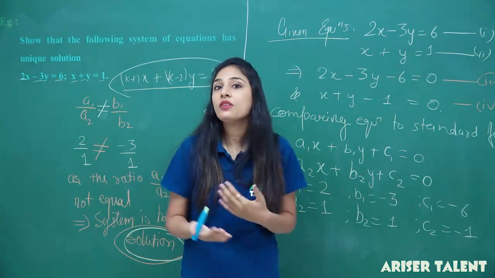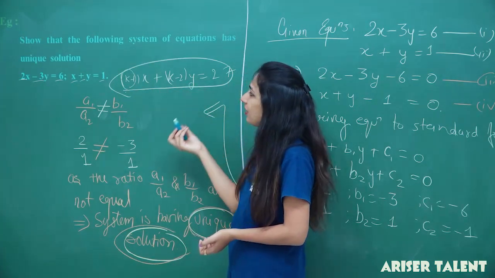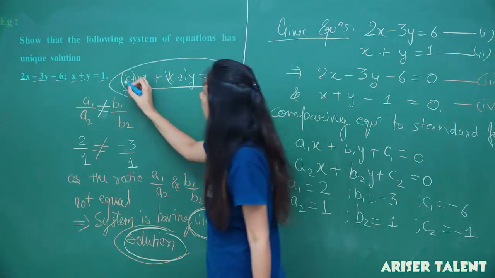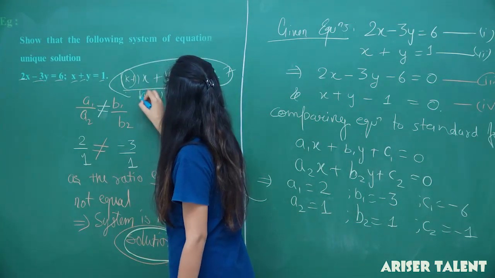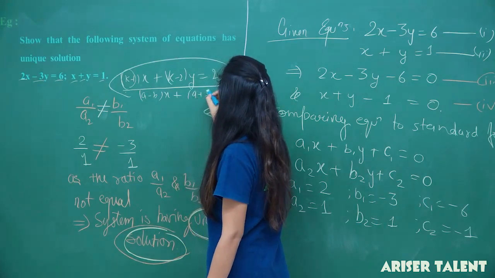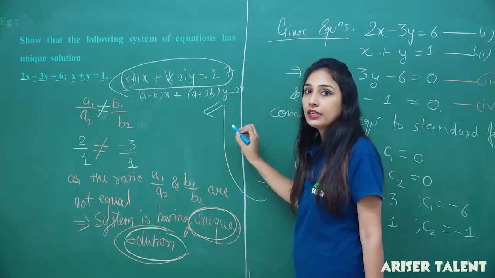So you'll have this kind of question where you have to find this value. That can be k here, or a and b, like a minus b multiplied by x plus a plus 3b multiplied by y equals 28. Something like that can also happen.